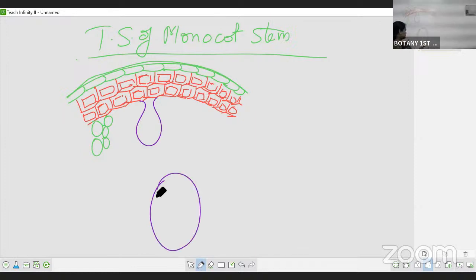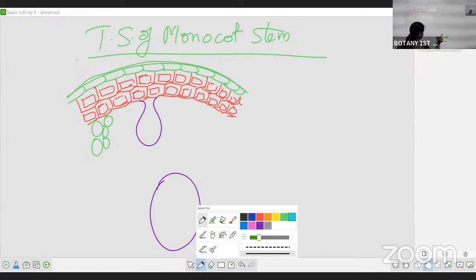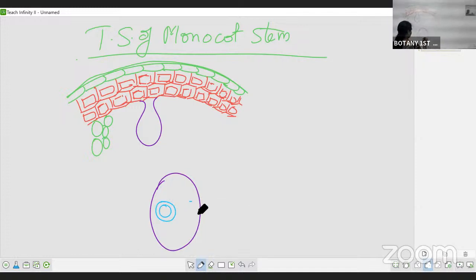Two vascular bundles are sufficient, and inside the vascular bundles draw the xylem, metaxylem, and the protoxylem, xylem cavity. Here also metaxylem and the protoxylem, xylem cavity.